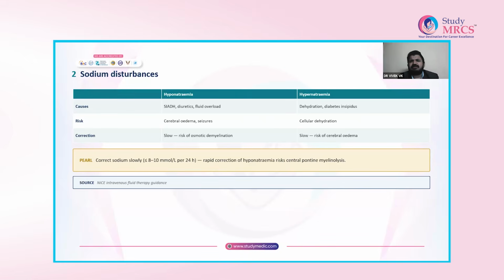The rapid correction can cause central pontine myelinolysis. Regarding hypernatremia, the causes could be dehydration or diabetes insipidus, and the patient is at risk of developing cerebral edema.